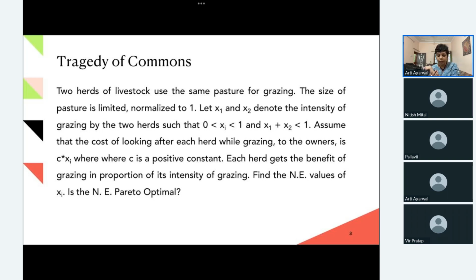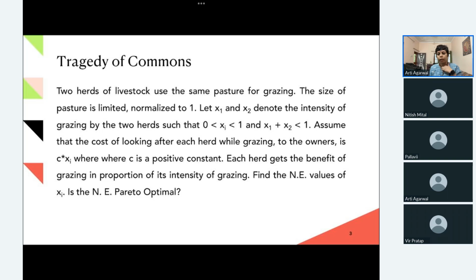Now these types of problems are usually characterized in a dynamic setting, because all of these are time varying ideas. You're not grazing everything at one go, you will be grazing over a period of time. So most of these actual problems are dynamic problems, but for the sake of simplicity, we have just condensed everything into a simple simultaneous game right now.